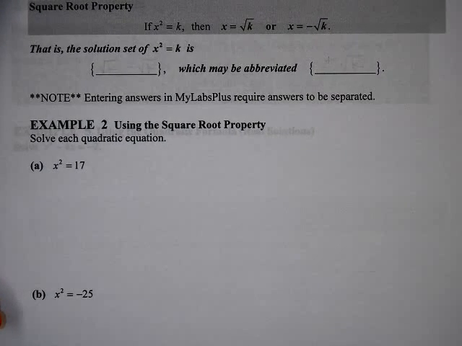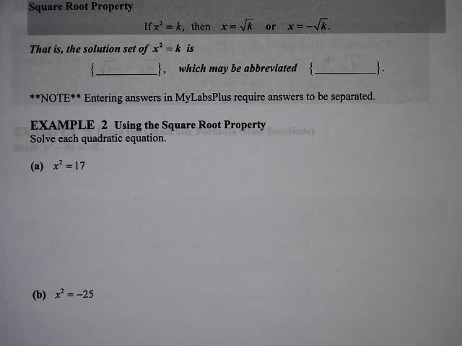So in your gray box on the top of the next page, you see your square root property, and it says if x squared equals k, then x equals the square root of k, or x equals negative square root of k.